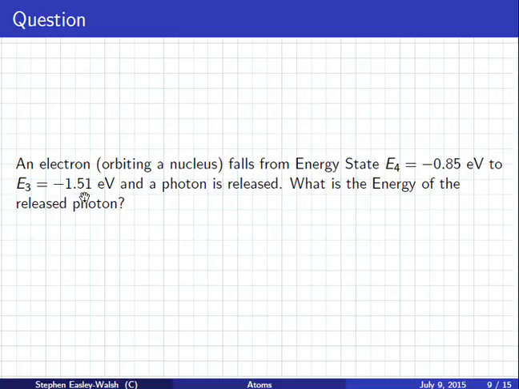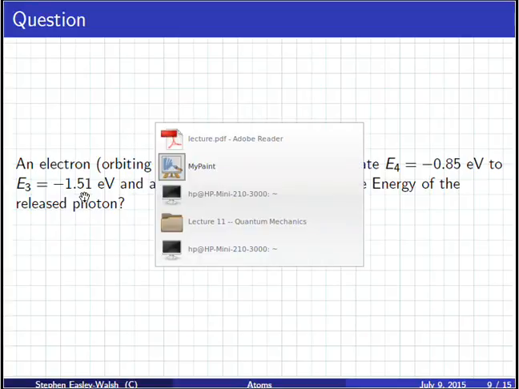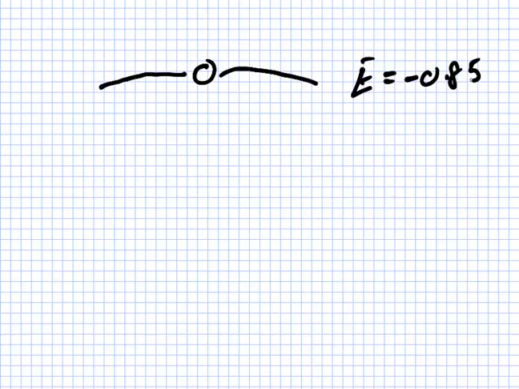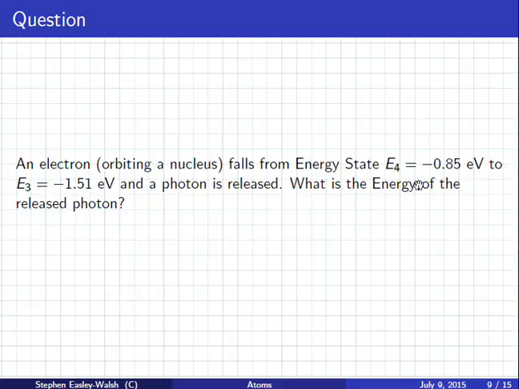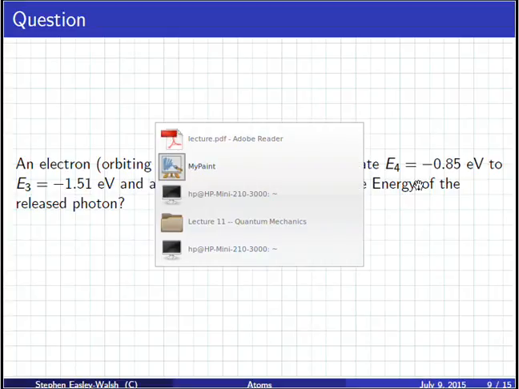So let me just write minus 0.85 and minus 1.51. Here's my electron, and its energy here is minus 0.85 electron volts. And then here is the electron, and its energy is minus 1.51.